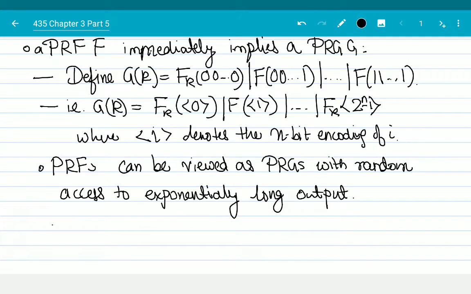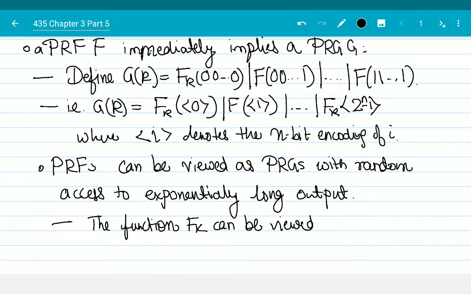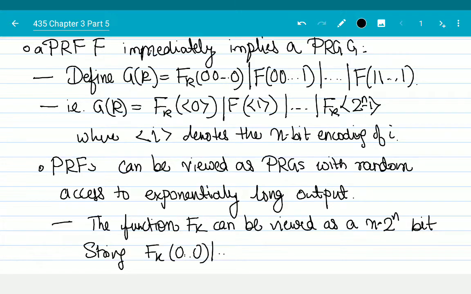Because what is the length of this string? The function f_k can be viewed as a n times 2 to the n bit string, which we saw before was f_k of 0, 0, 0, concatenated with f_k of 1, 1, 1.